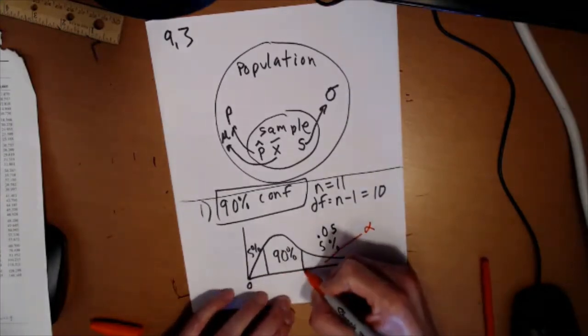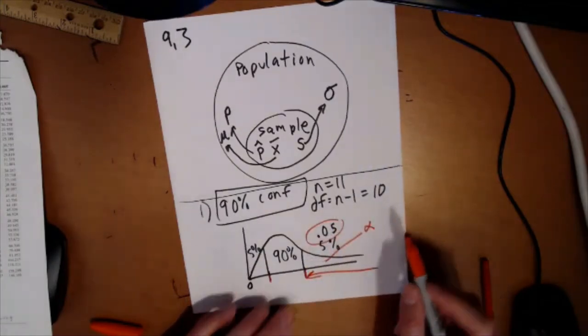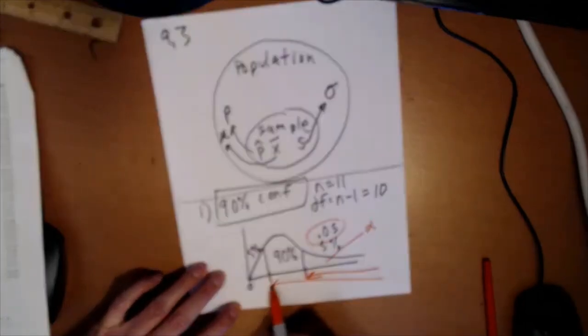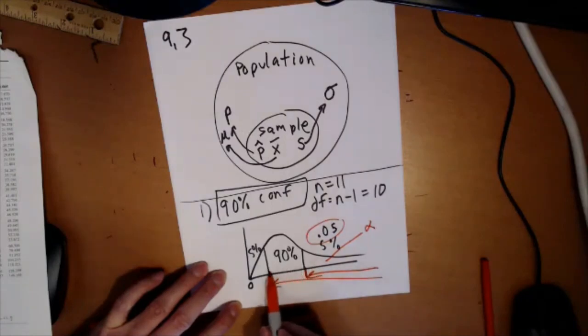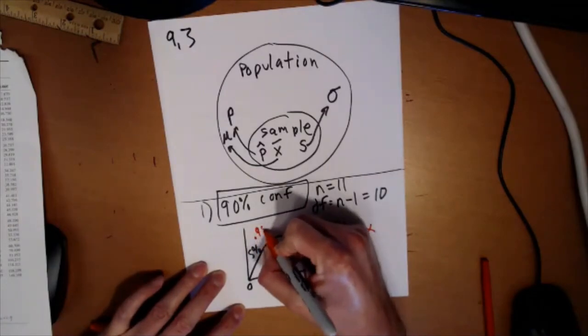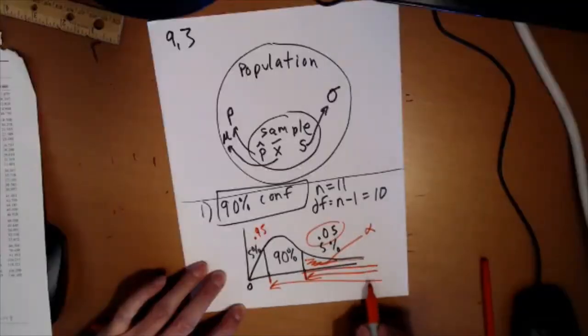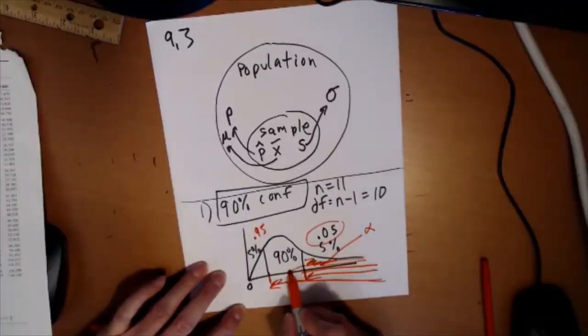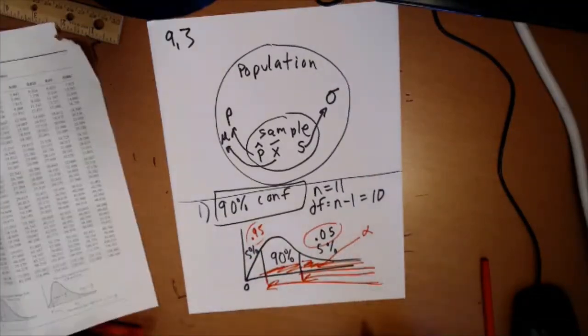How do I need to get to this location and this location? If I go from here to here, I've covered 0.05. And if I go from here to here, I've covered the 0.05 and the 90%, so this is going to be 0.95. A little weird. To get from here to here, I went through 5%, and to get from here to here, I went through the 5% and the 90%, which is 95. You're going to see that that corresponds.